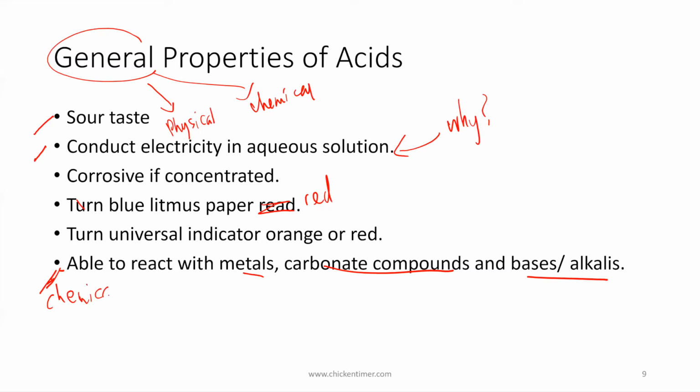In questions, they will ask you for physical, chemical, or general properties. If they ask for general properties, always give the chemical properties as answers. Okay, so back to my question: why do acids conduct electricity in aqueous solution?